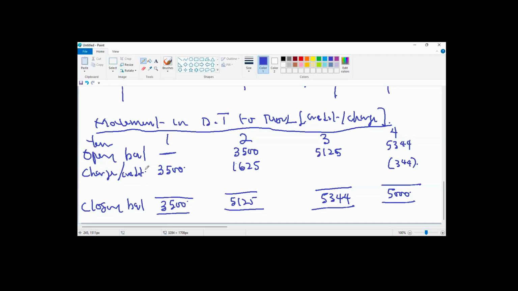But in this question, we don't have year 4. Just an example. Let me clean that. All we have is charge. We're not having any charge for year 3? It's because I want to explain.